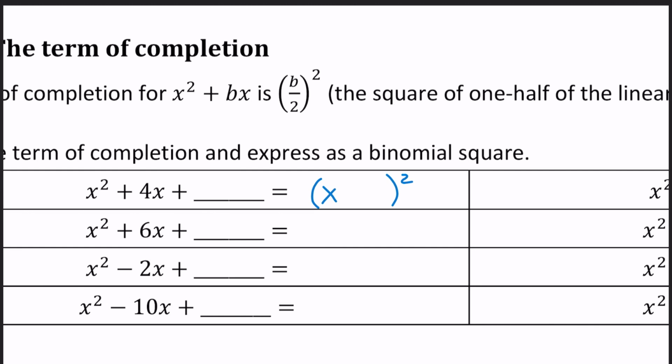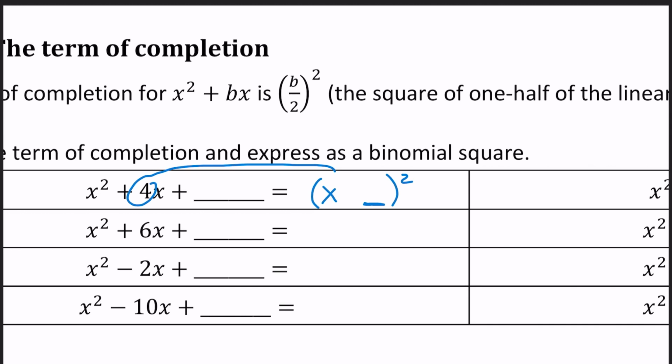Now, you can read the notes, and it's a little more formal expression, but here's what you're supposed to notice. Whenever we expand the binomial, we always say first term squared, twice the product. The number that I'm about to write in this position here is going to multiply the x and then double to become the 4x that I see right here.